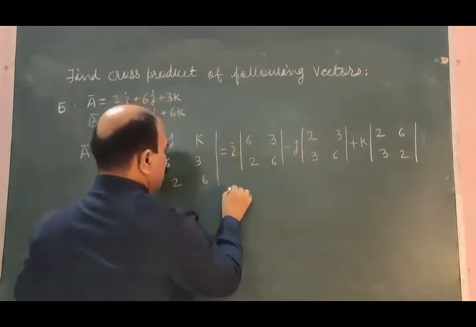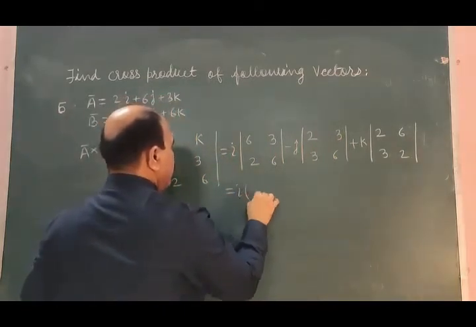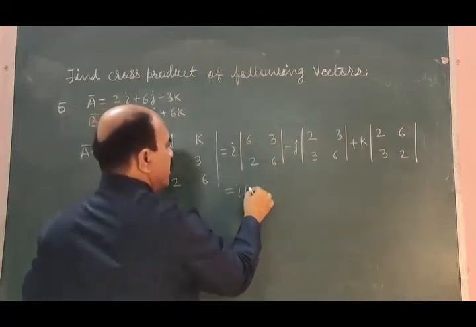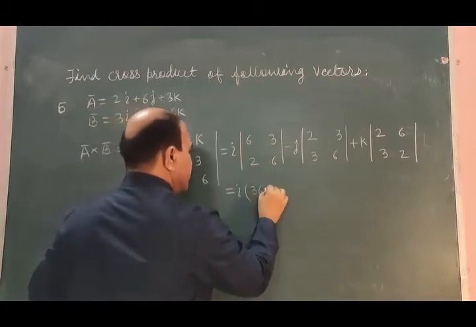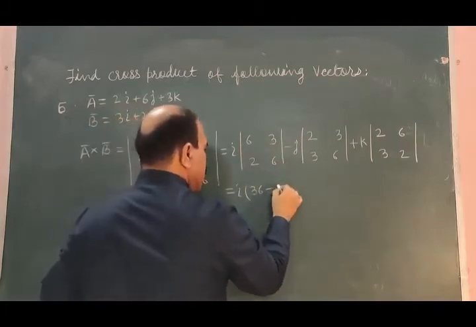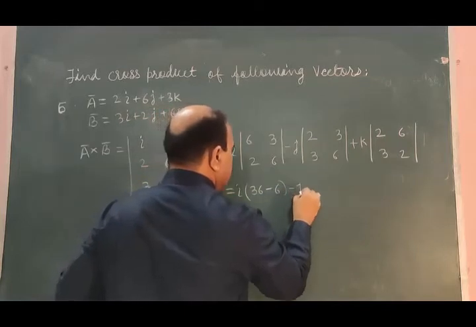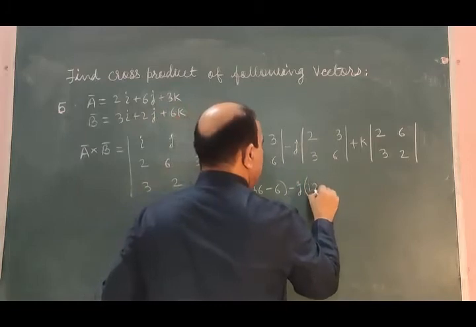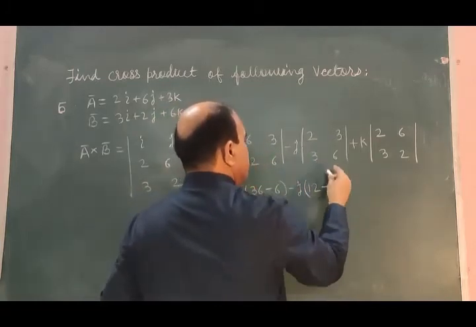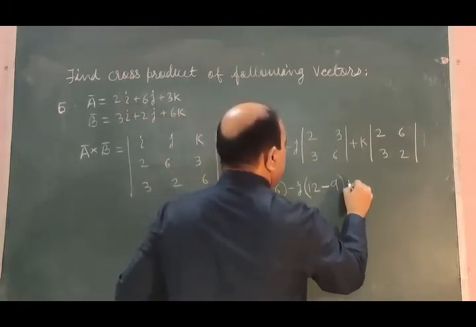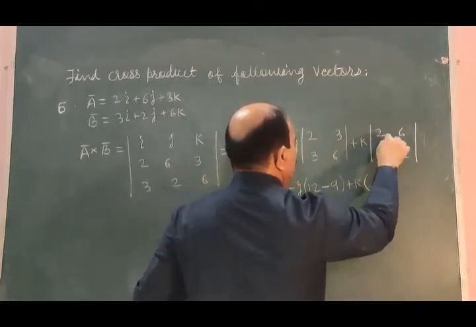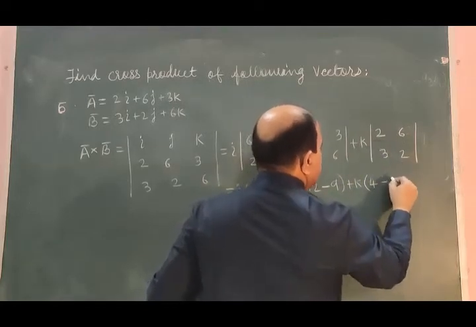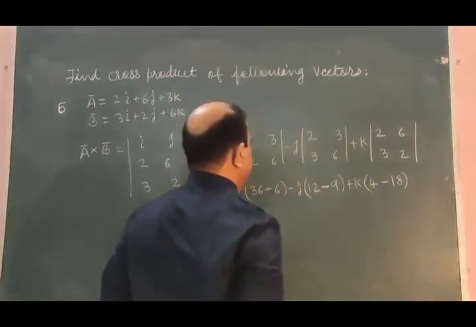This is equal to i into (6 6s are 36 minus 2 3s are 6), minus j into (2 6s are 12 minus 3 3s are 9), plus k into (2 2s are 4 minus 3 6s are 18).